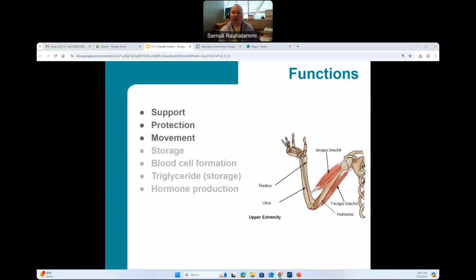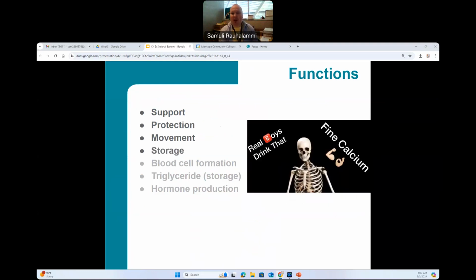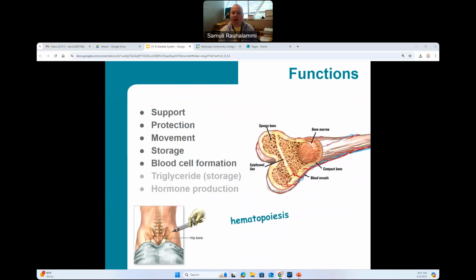Rather interestingly, this is something that not all students always think about, but the skeleton is also very important as a storage location for many things like calcium, but also salts and minerals in our body. We also end up seeing that blood cells are produced in the bone marrow.